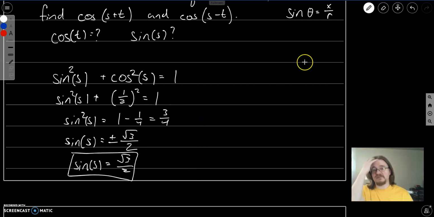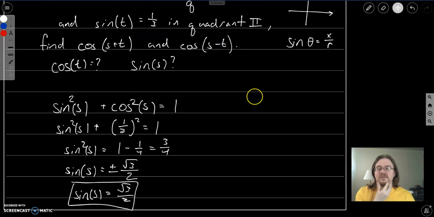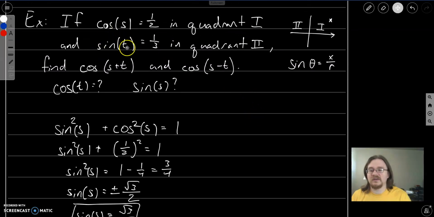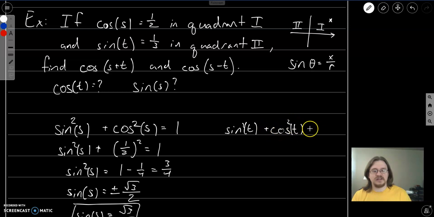Let's play the same game with the other angle. We know that sine of T is 1/3. So if I take the sine of T and square it, plus the cosine of T squared, that should be equal to 1.